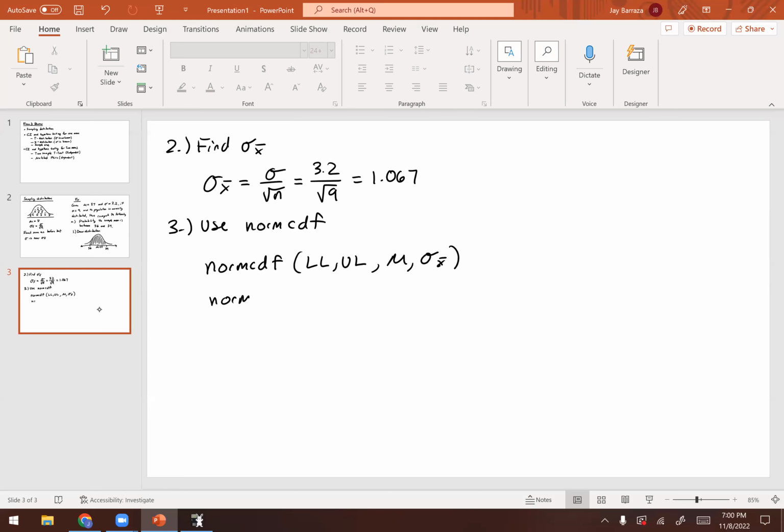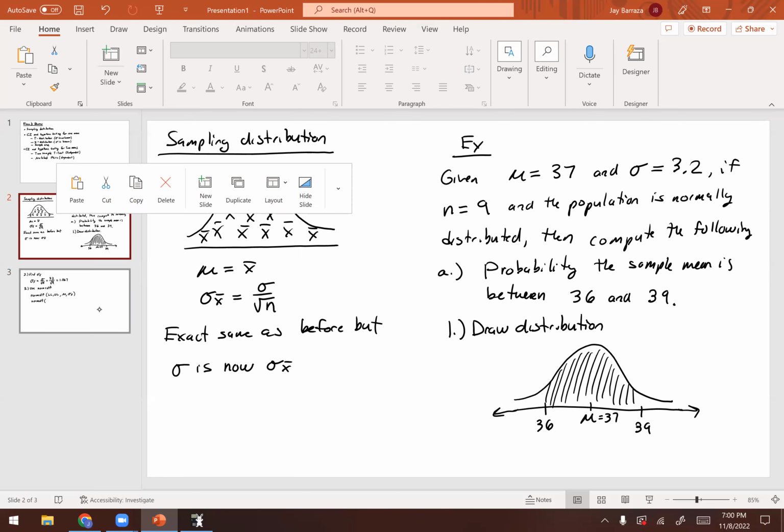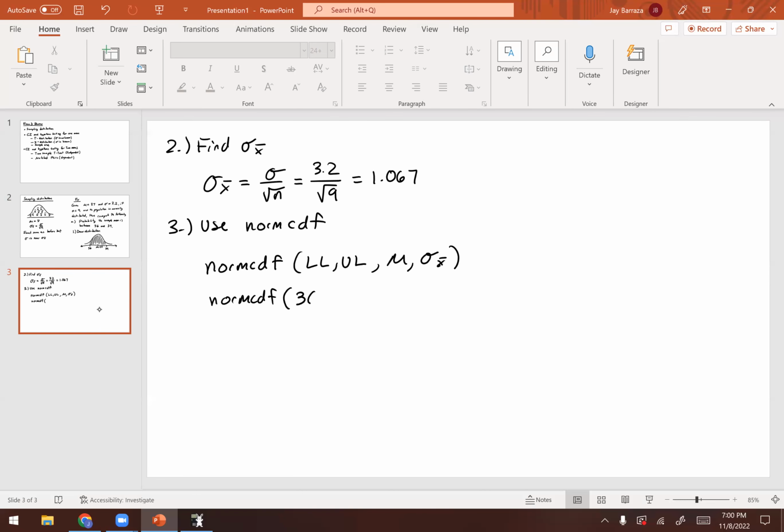And so norm CDF of 36 and 39, where the center is 37, and then sigma x bar is 1.067. If you wanted to, you could just type in 3.2 over square root 9 in your calculator. It would accept it. It has no issues with that.